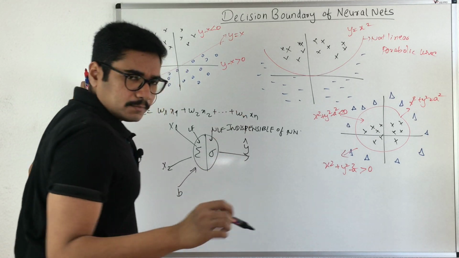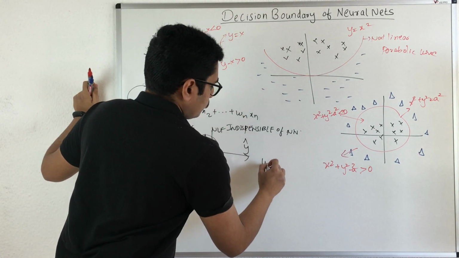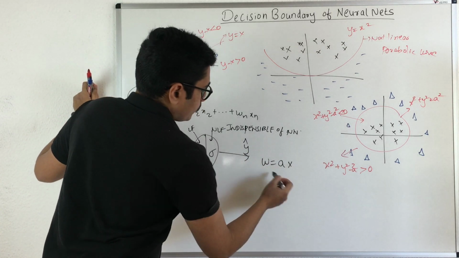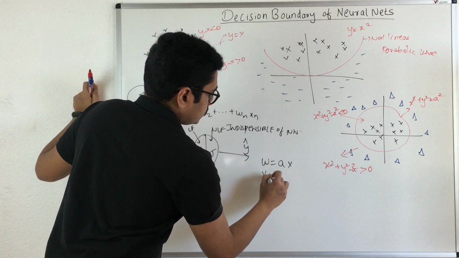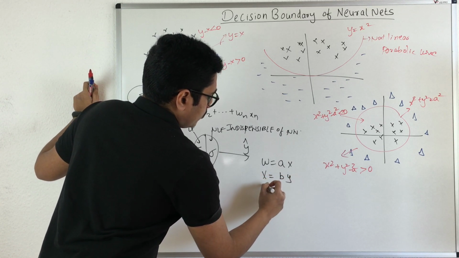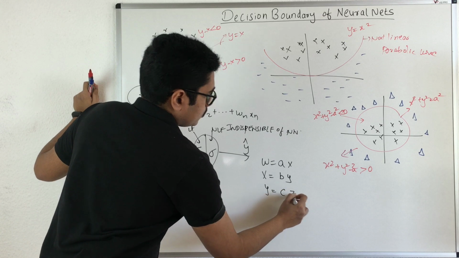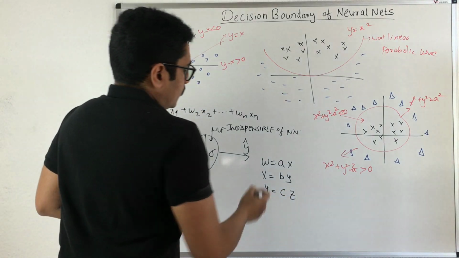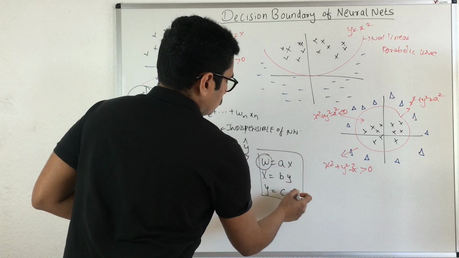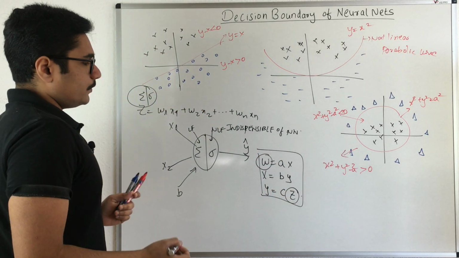I'll give you one more example. Say we have some mathematical equations: w is represented in terms of x, say w equals a times x, then x in terms of y, say x equals b times y, and y in terms of z, say y equals c times z. Now I'm asking you to represent w in terms of z. How would you do that?